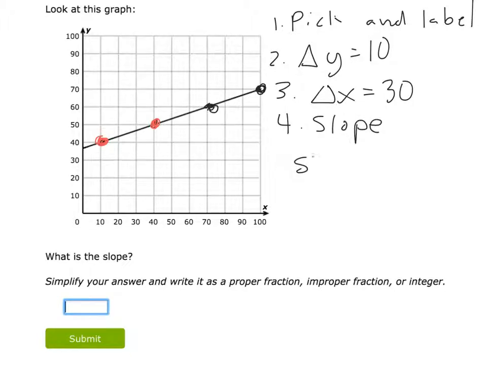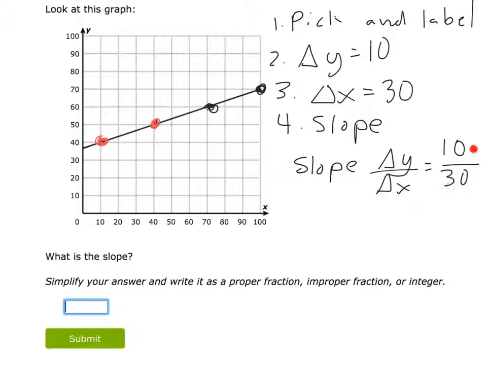And the slope is equal to rise, which is delta y, over run, delta x, equals 10 over 30. That comes from delta y, which is the 10 here, and delta x is the 30 here.